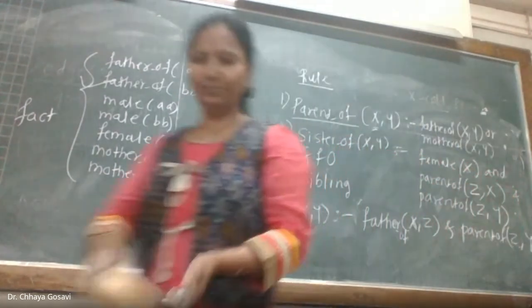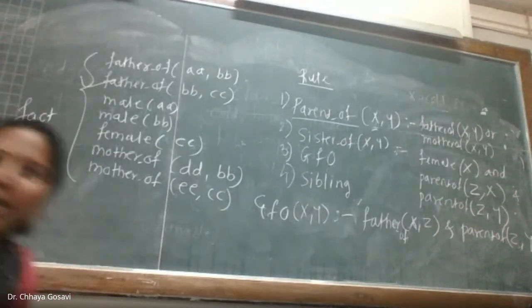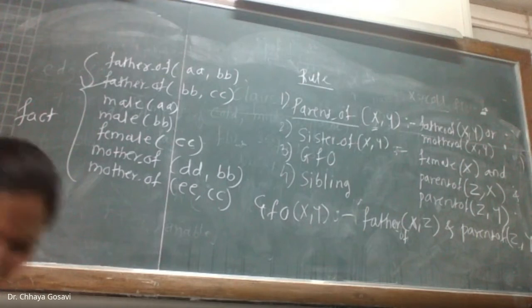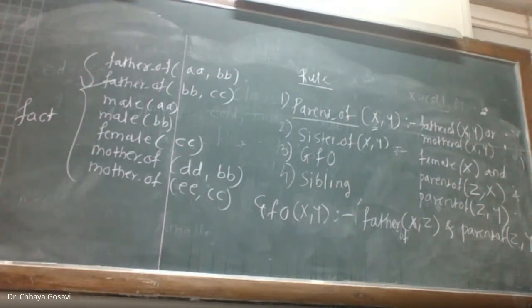Very good. You understood how to write queries? Suppose I have to write ancestor of X comma Y. How many times do you go? Father of, father of, father of, father of. How many times? N times.